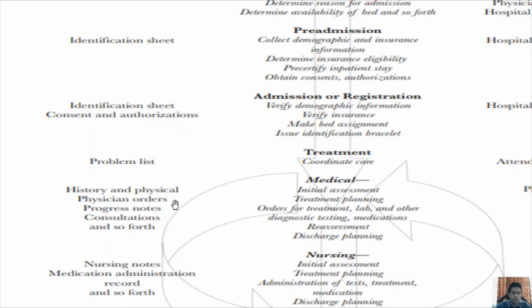Physician orders: the doctor will order drugs, order tests, order images, and so on. So they will do a progress note. Progress note means every day a nurse and the doctor will write down your health condition, your health progress, whether getting better or worse.